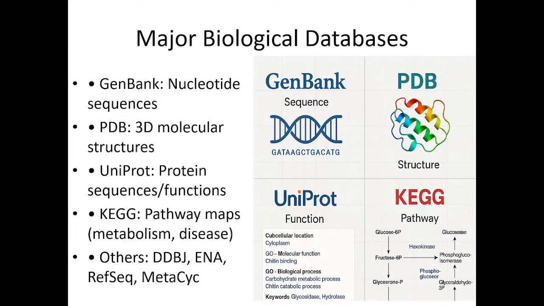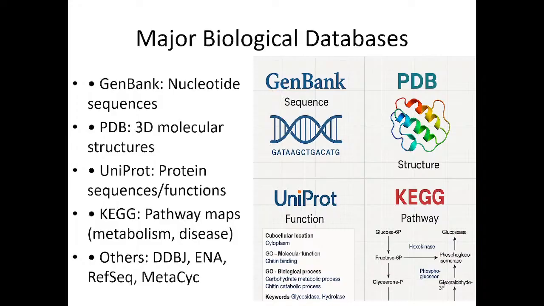PDB, that is protein database, which is where you can actually get three-dimensional structure, molecular structure of protein. And also UniProt, and that is where you can get protein sequences and you'll be able to determine their functions as well.